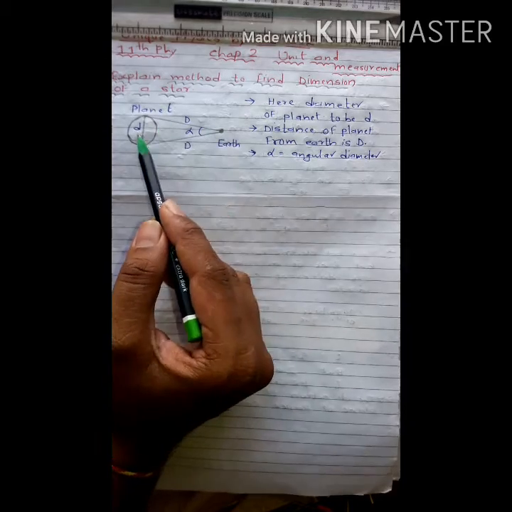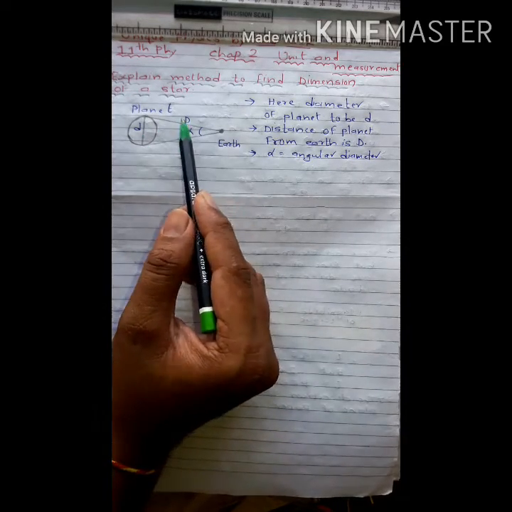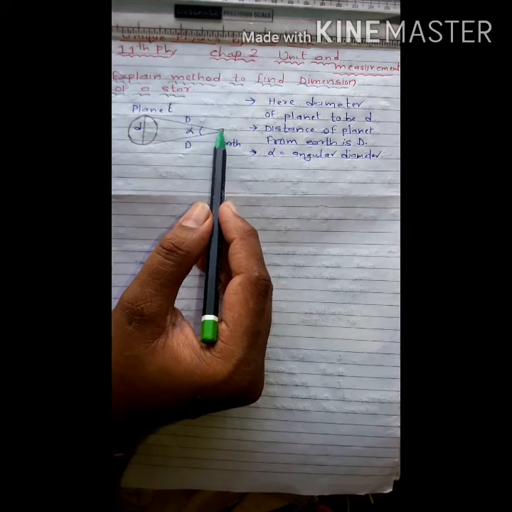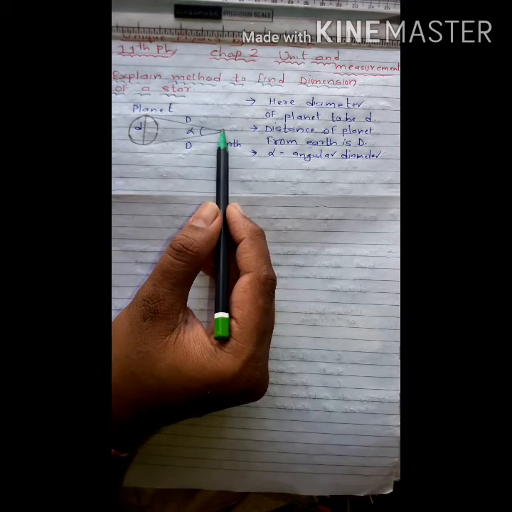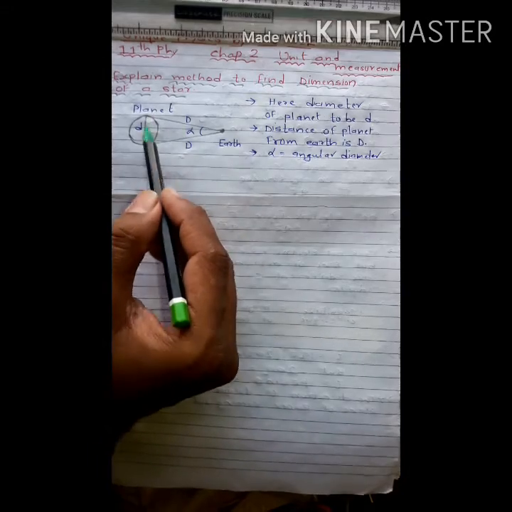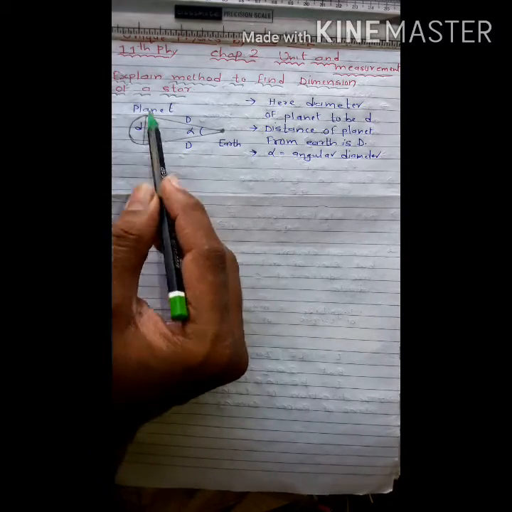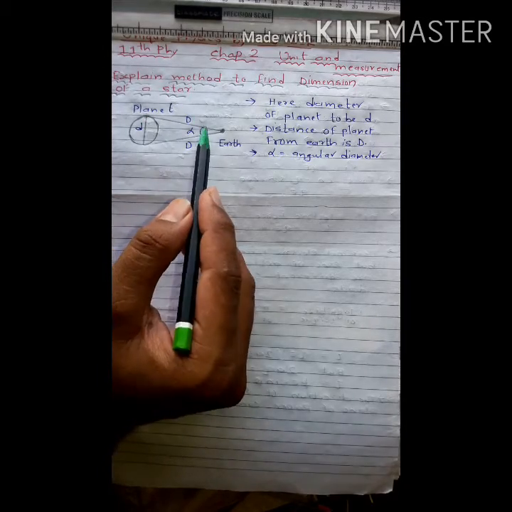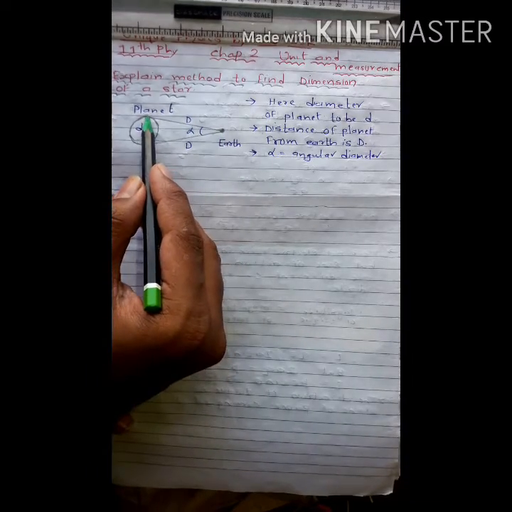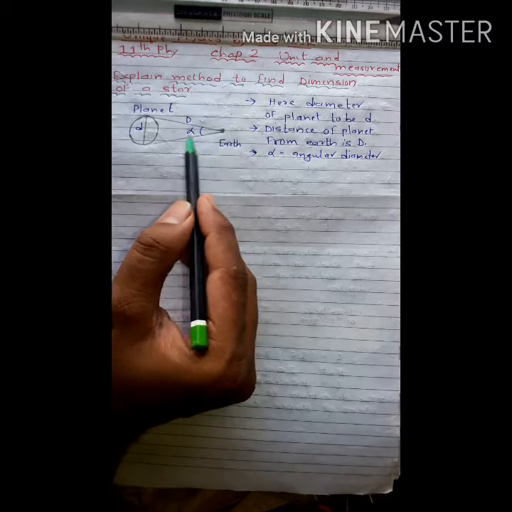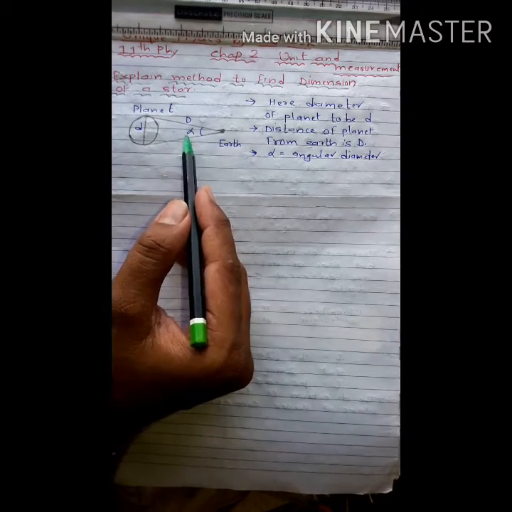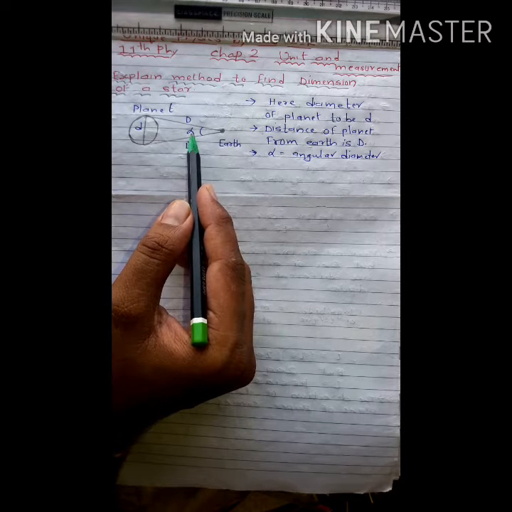The distance of the planet from Earth is capital D. Here we observe two diametrically opposite points on the planet from Earth. This is our first direction of observation. First we observe this point of the planet from Earth, and then we observe this point of the planet from Earth. The angle between these two directions of observation is denoted by alpha.